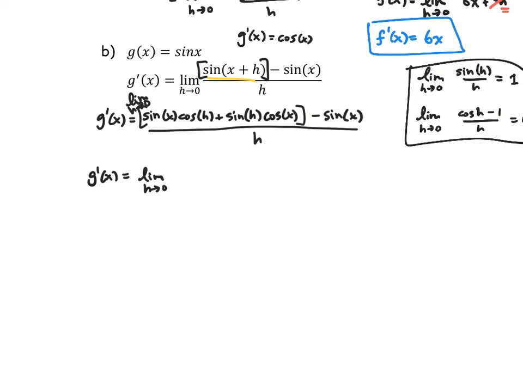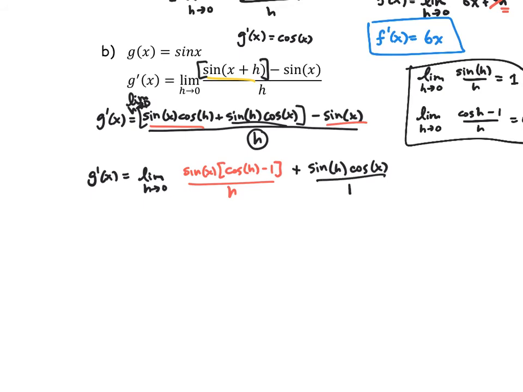All right, so I'm going to group some items here. I'm going to group sine x cosine h and sine x. I'm going to write this factoring out a sine x. I'm going to be left with cosine of h minus 1. Plus, I'm leaving sine h cosine of x alone. And what I'm going to do is split this h between the two terms. So I'm going to put an h there, and I'm going to put an h there.